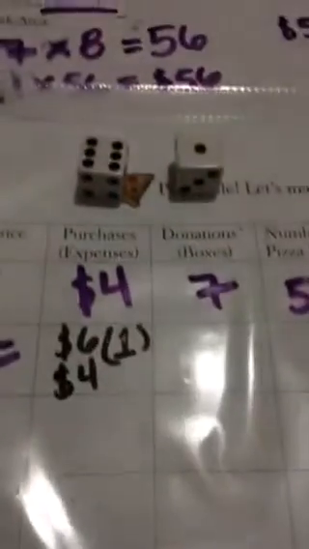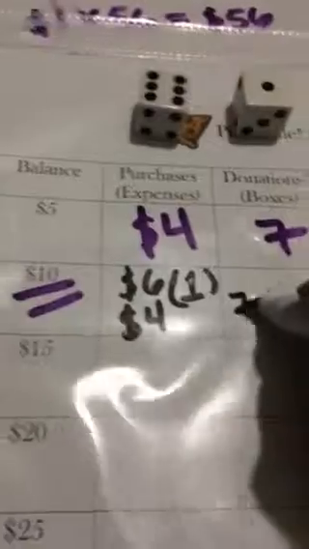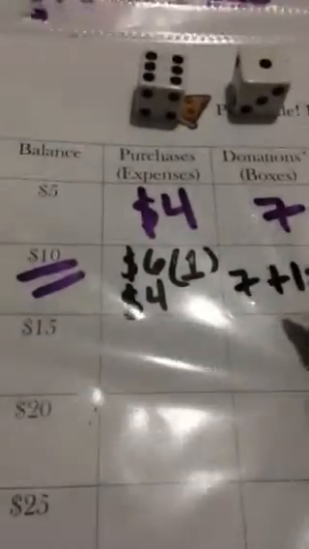So if I roll the dice again, I get 6 plus 1, that's 7. But I have my additional box that I bought, so that's 8 boxes I have in total. So I'll have to do that math again.